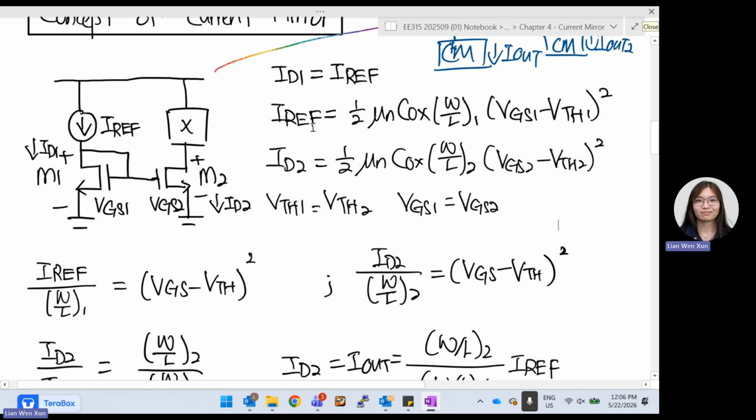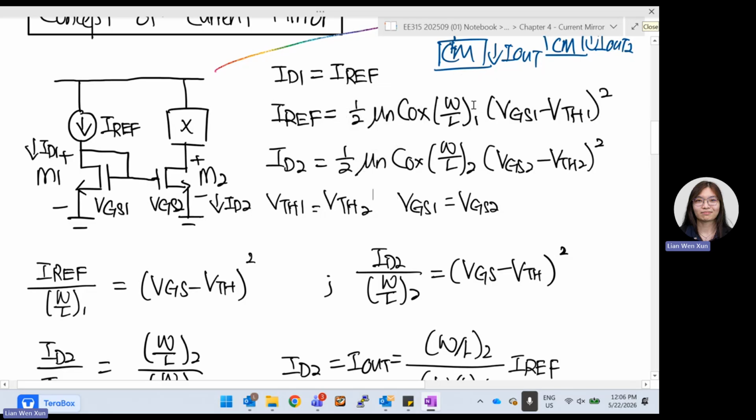Okay, so we can rearrange these two equations a bit. Let's figure out VGS minus VTH1. We can say it is IREF divided by W over L1, because half mu n Cox cancel each other out.